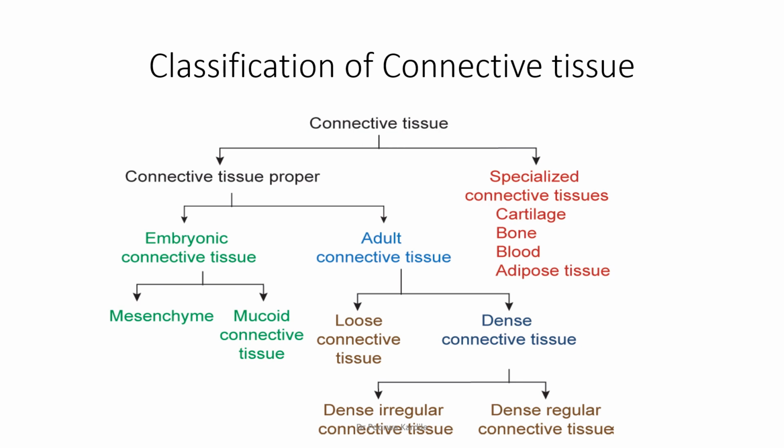Embryonic connective tissue again has mesenchymal type and mucoid type, whereas adult connective tissue is divided into loose and dense connective tissue. Depending on the arrangement of collagen fibers, the dense connective tissue is again divided into dense irregular and dense regular connective tissue.